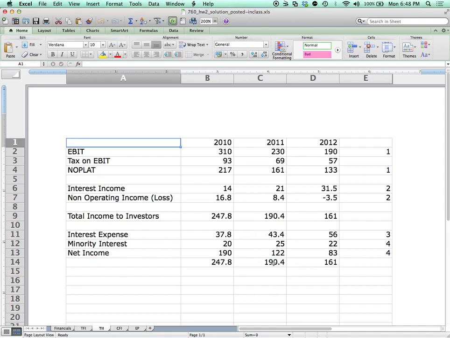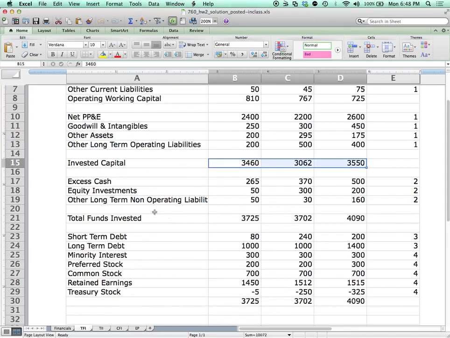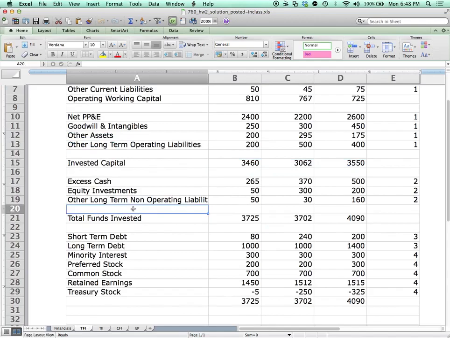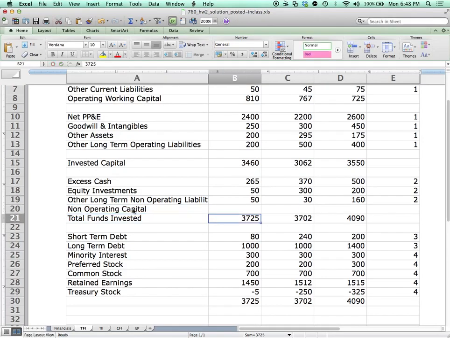Now, again, why might I do this? I'm going to go back to this and add something that wasn't on the solution. We'll just call this non-operating capital. My non-operating capital equals the assets minus any liabilities.